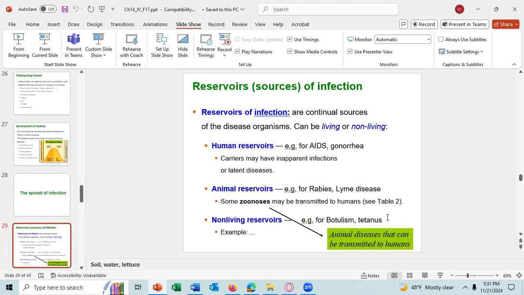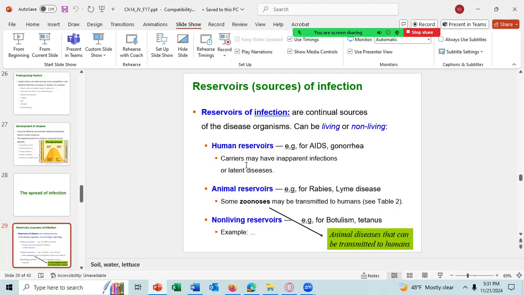There can be carriers who have an inapparent infection or latent disease. For latency, the disease-carrying organism would have to come out of latency. But a carrier can actively spread the disease.